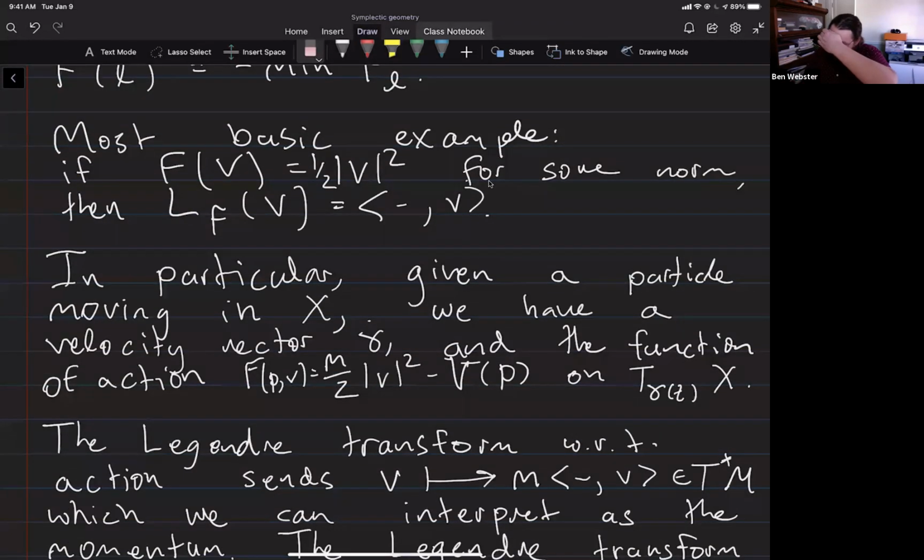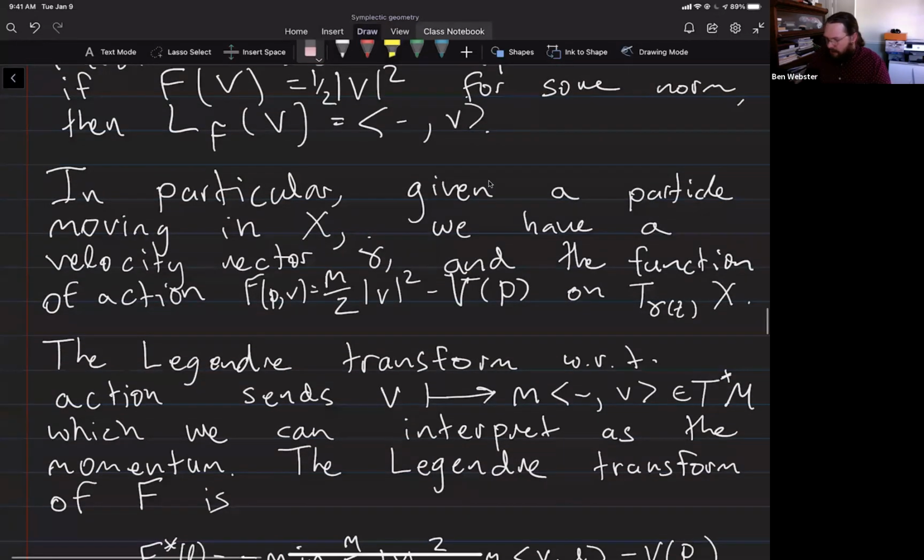All right, so now what we're going to do, we're going to go back to our setup of Lagrangian mechanics. We're going to think about the tangent bundle to a manifold, and we're going to think about this action functional on the tangent bundle, which is m/2 times the square of the length minus the potential energy.